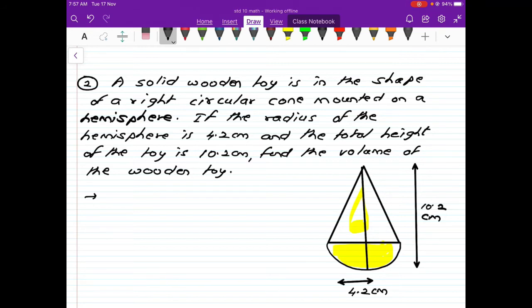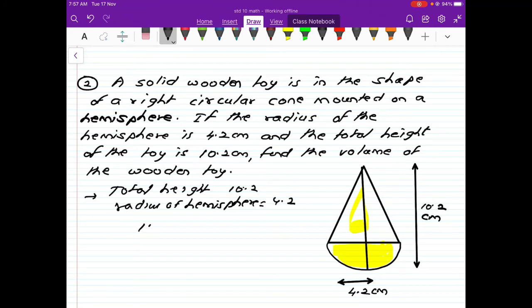So we will have to first calculate the height of the cone. So the total height is given as 10.2, and the radius of the hemisphere is given as 4.2. So if we subtract 10.2 minus 4.2, this is 6 centimeters.